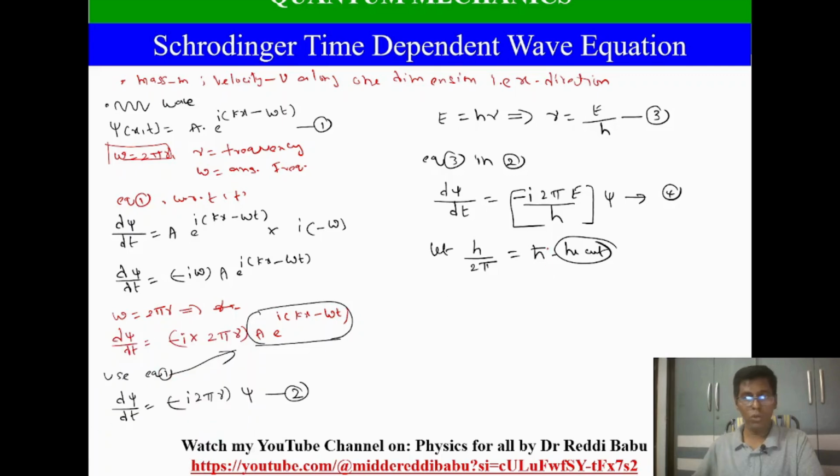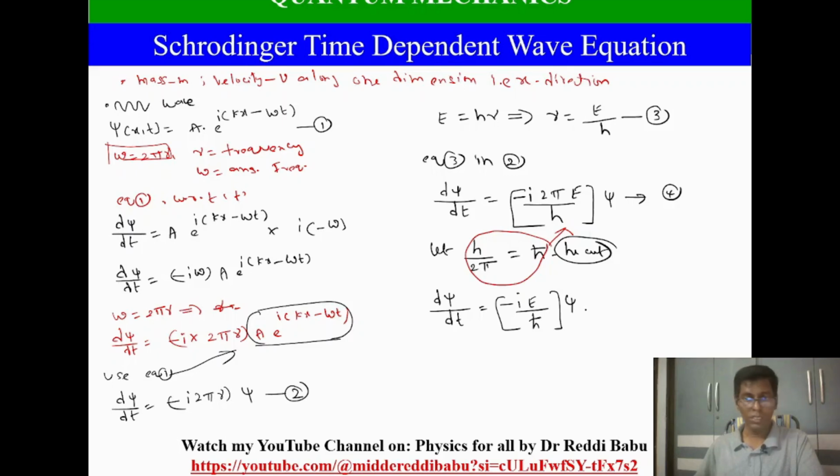Using this in the above expression, d psi by dt is equal to minus i, and in the place of 2 pi by h I use h cut, so minus i E divided by h cut, in one bracket, into psi.